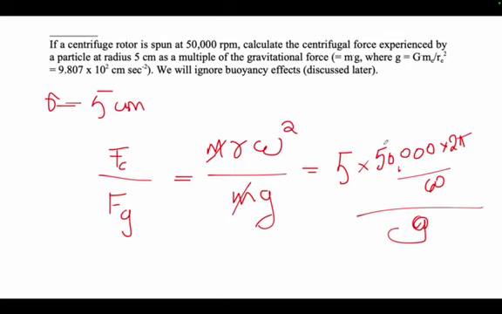Sure. So basically, here what they're asking is they're given the speed of the rotation, okay, in RPM. This is rotations per minute. They've given the radius of the rotor, okay, and here they're asking what is this ratio basically of centrifugal force to gravitational force.